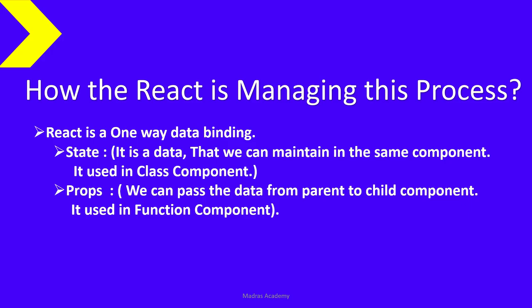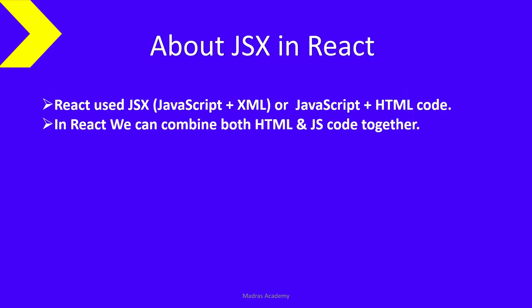Okay, next we need to learn about JSX. What is this JSX in React? What does it do here? JSX is nothing but JavaScript plus XML, or we can say JavaScript plus HTML code.